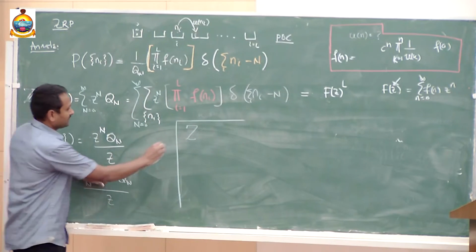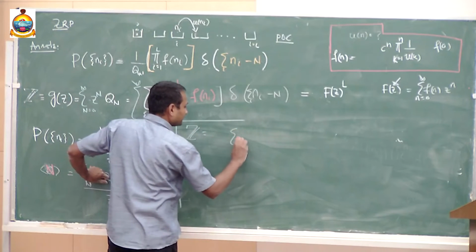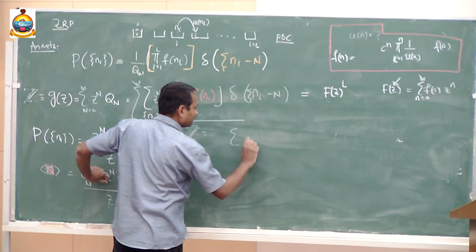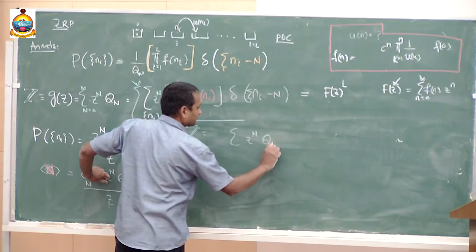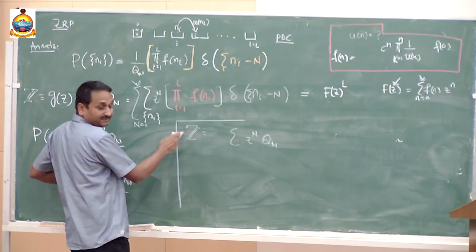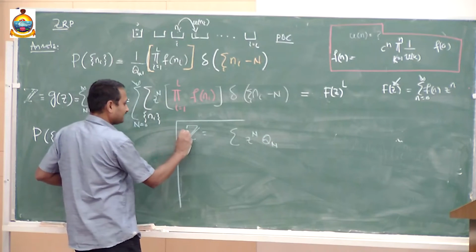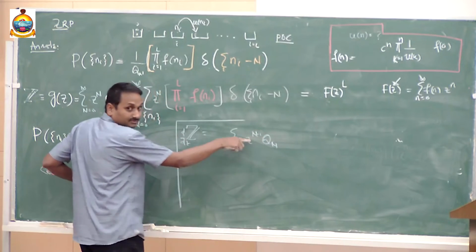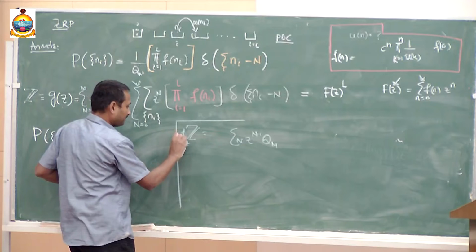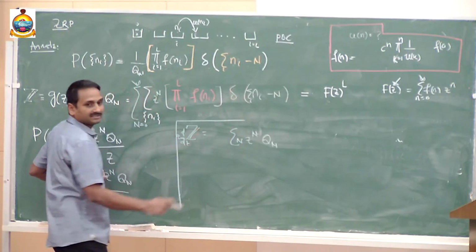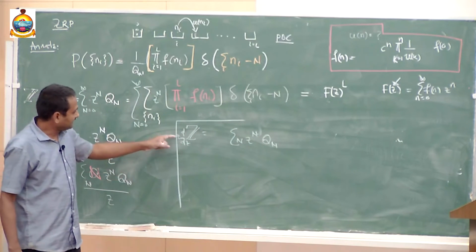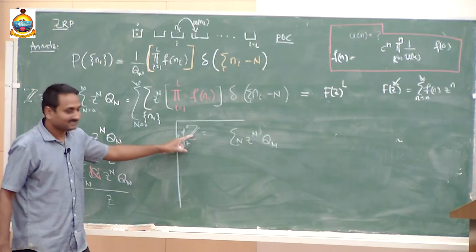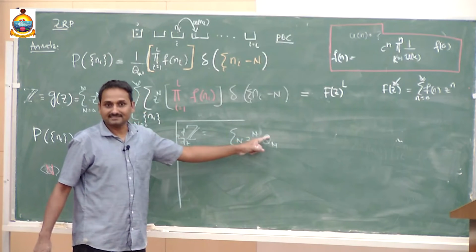Now the partition function is just the sum of z to the power n Q_n, that was there. If you just differentiate with respect to z, d by dz, then this n comes down and this will be n minus 1, but then you multiply by a z also, then this will also go away. So z d by dz of this is just n times this. Is it clear?